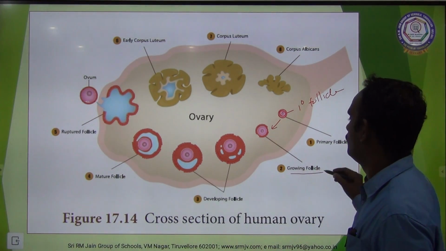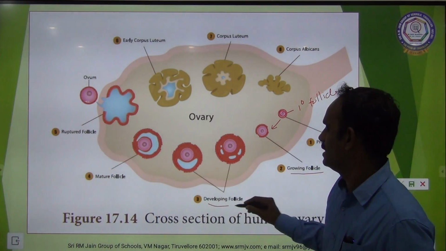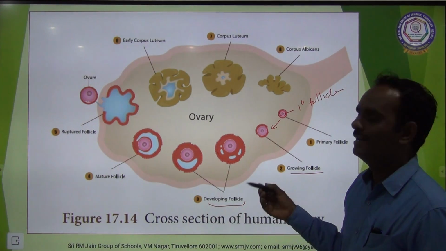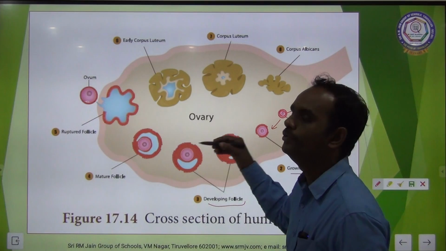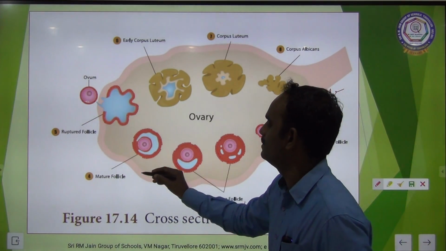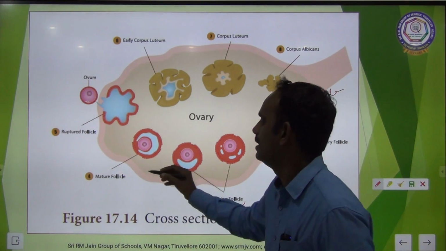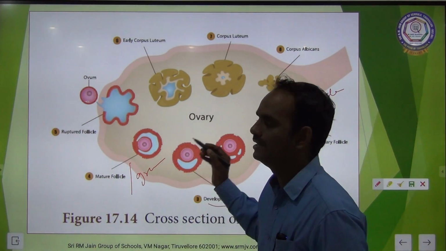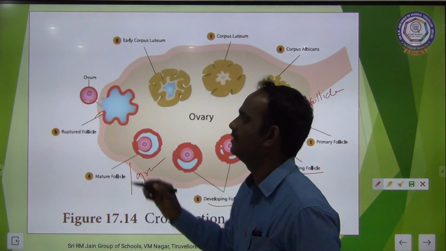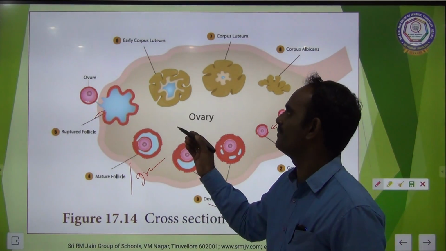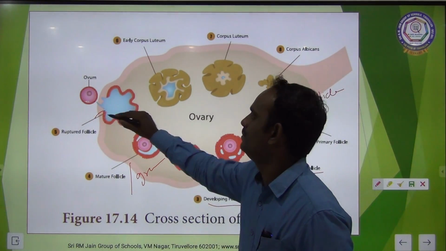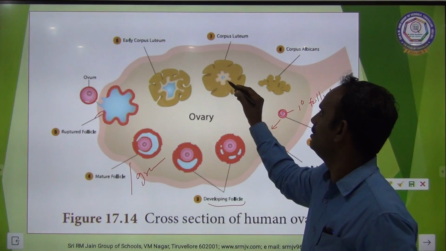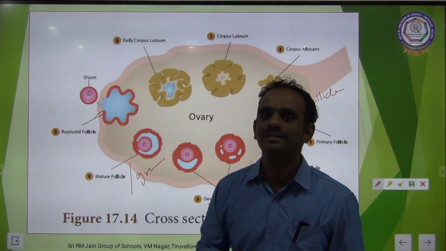It is called a growing follicle and it becomes a developing follicle, filled with some fluid, and it becomes a mature follicle. The mature follicle is also called the Graafian follicle. Clear? Then the Graafian follicle ruptures to release the egg. After that the empty Graafian follicle is called the corpus luteum. Clear?